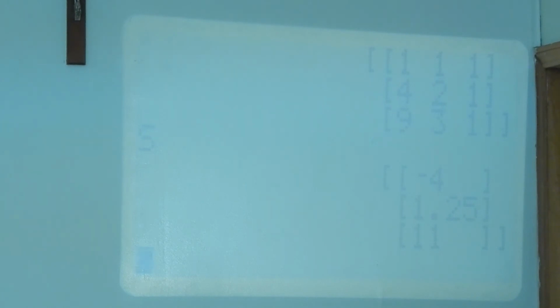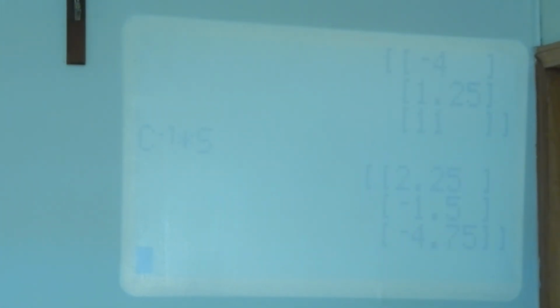We want to know what the variable matrix is, right? So the variable matrix is going to be what? So we hit alpha, C inverse, right? Times the solution matrix. Everybody see that?